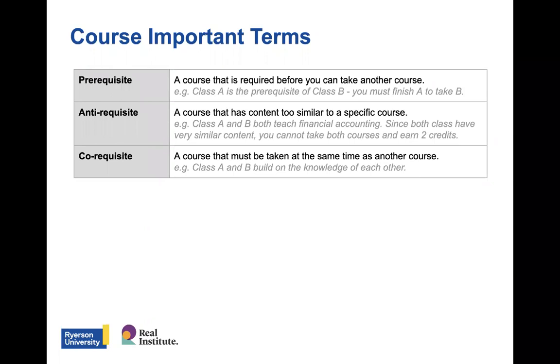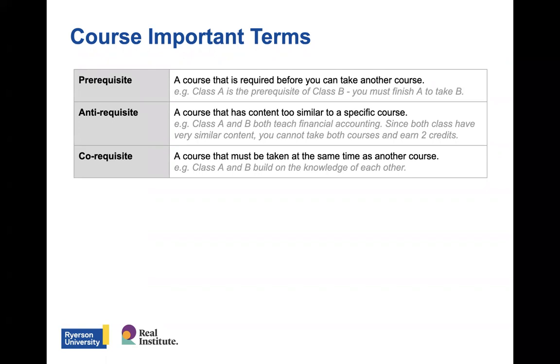An anti-requisite is a course that has content that's too similar to a specific course. Because there are a lot of departments at the university, and some of the programs at the university have similar teachings. So for example, in the business school, there are a lot of courses that are revolving around communications, a lot of them revolving around finance, marketing, business-oriented courses. And because certain courses teach almost identical content, but slightly different to gear towards their program.